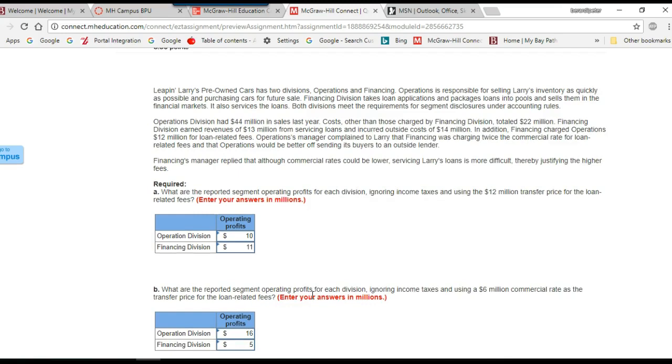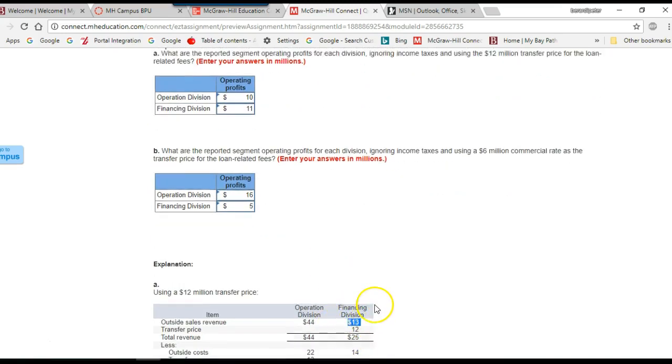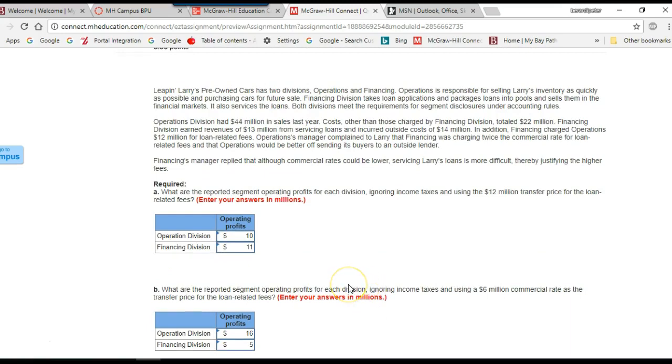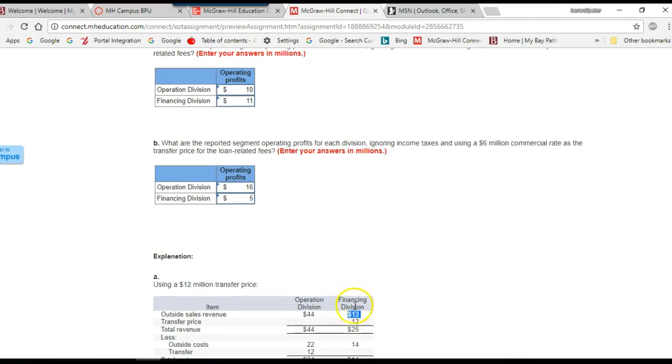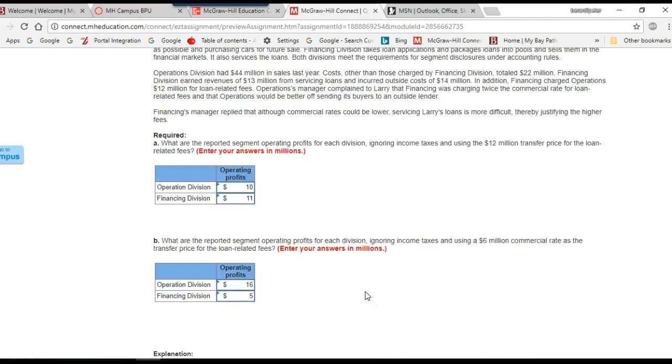Financing division earned revenues of $13 million. So outside revenues are $13 million from servicing loans and incurred outside costs of $14 million. Financing charged operations $12 million in loan-related fees.